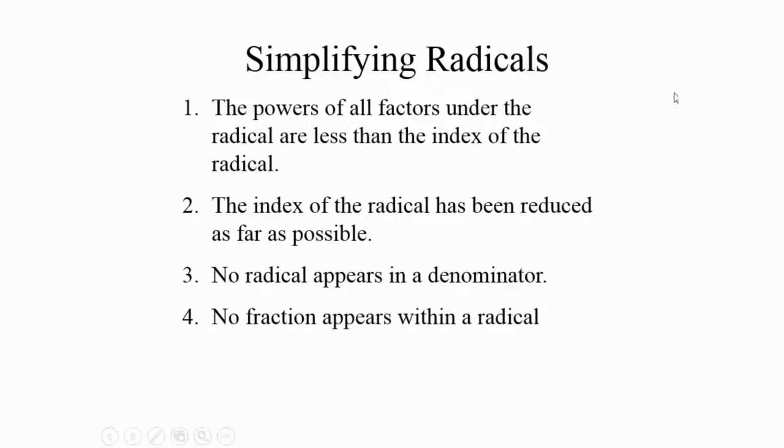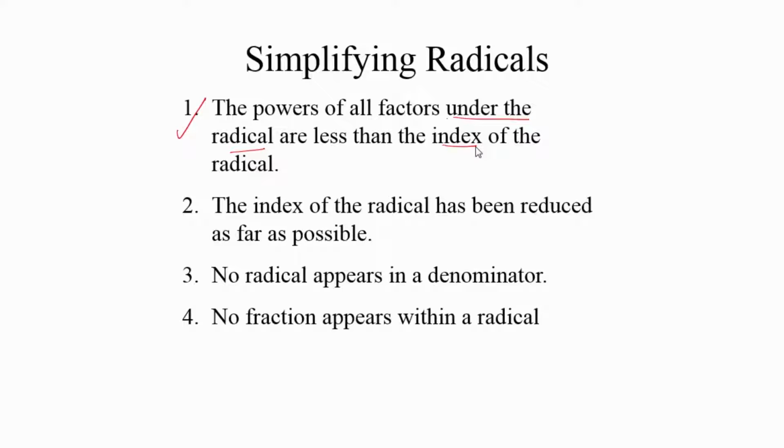Properties of radicals. So now that we know properties of radicals, we will be able to simplify them, the same way we have been doing with polynomials by factoring and everything. We use these properties to simplify radicals. We have to remember a couple of points when we simplify radicals. Number one, the powers of all factors under the radical are less than the index, right?